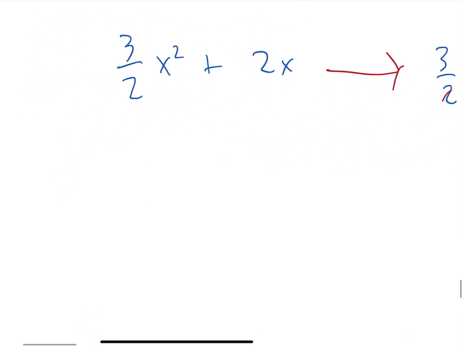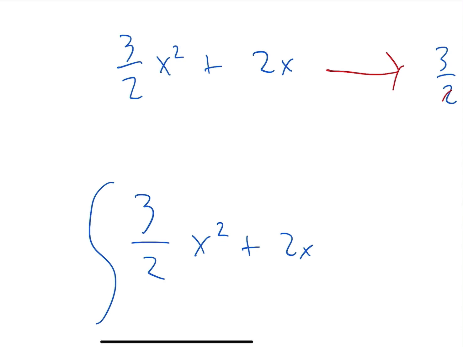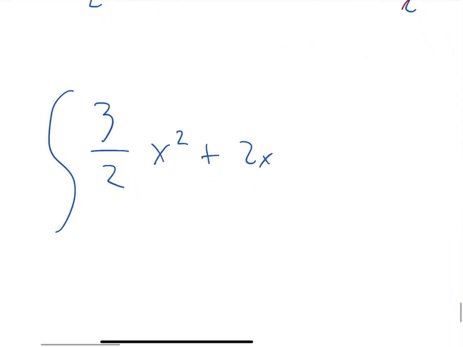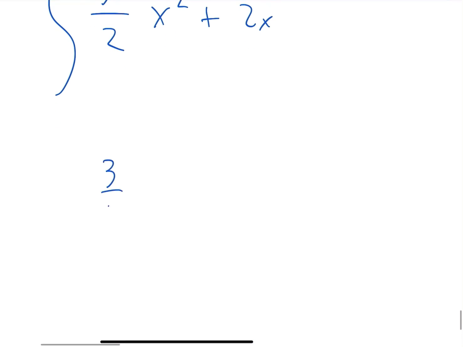But let's say we wanted to take the integral of 3 over 2 x squared plus 2x. We take the indefinite integral of that. We have 3 over 2 times x squared plus 2x, so we would add 1 and then divide, so it would now be 2 divided by 3.